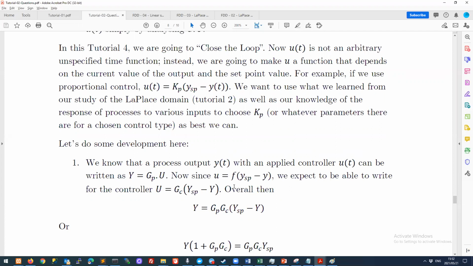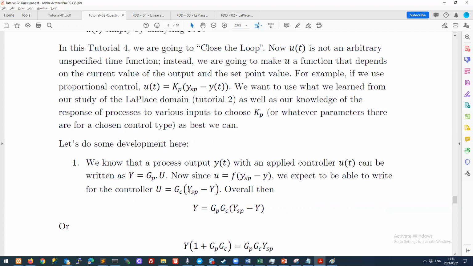And so the same ideas about converting a time function into a Laplace function apply. Whatever function this is, we can Laplace transform that function. So we Laplace transform u, that becomes capital U, and then we Laplace transform this function. So that becomes GC. And remember, when we did the transformation, we did it in such a way that it's the function multiplied by.